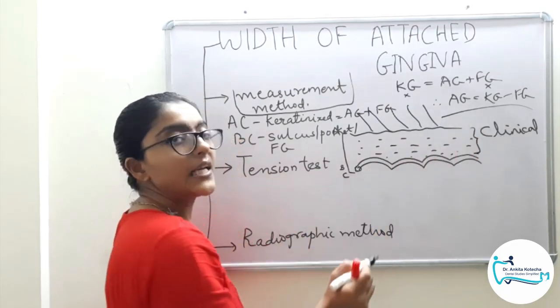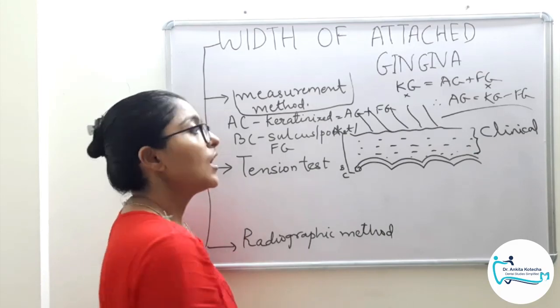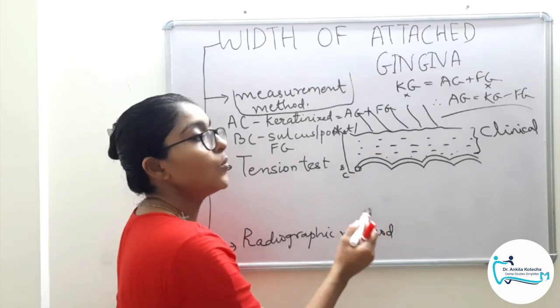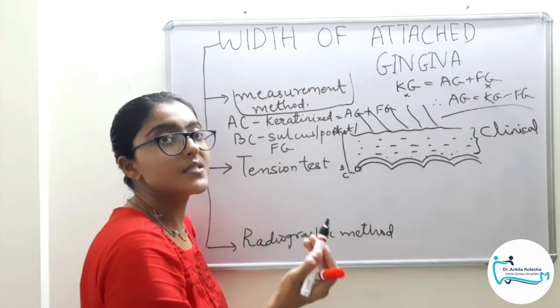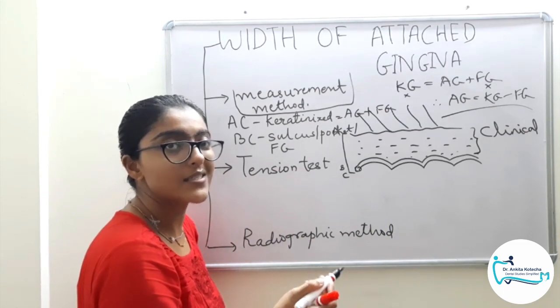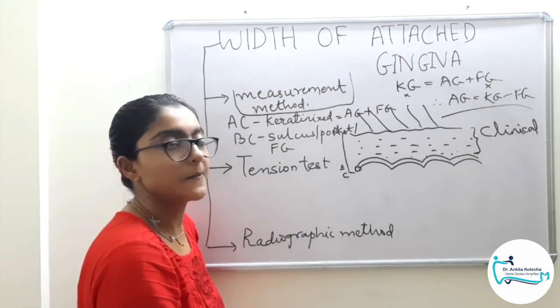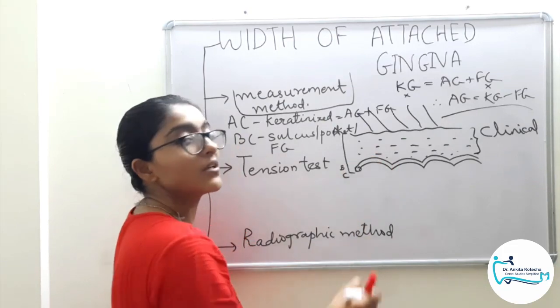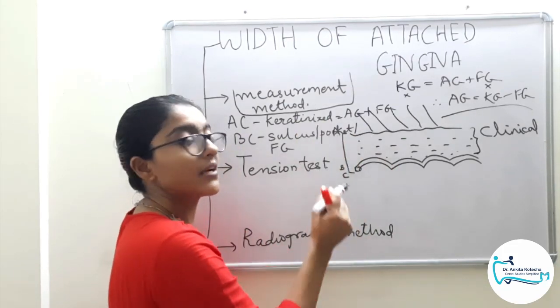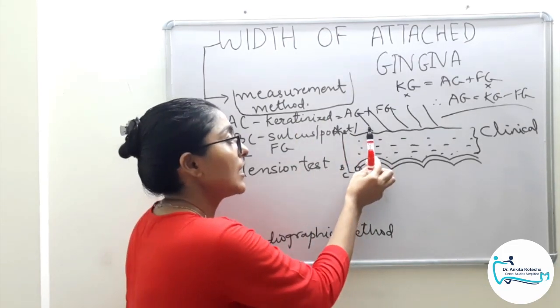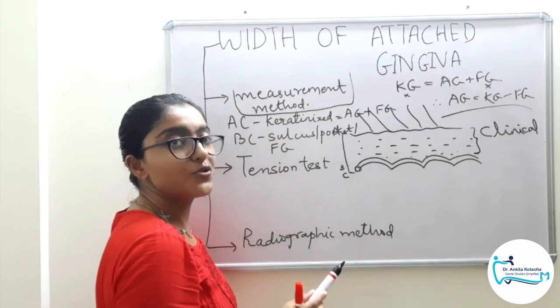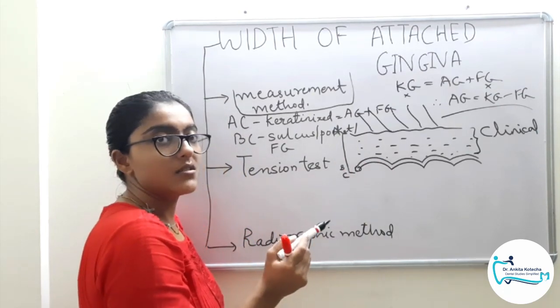Here we have clinical width of attached gingiva because we are measuring attached gingiva with the help of clinically visible landmarks. The reference points here are clinically visible, that is the free gingival margin and the mucogingival junction. This is the main clinically visible parameter used to measure the width of attached gingiva.